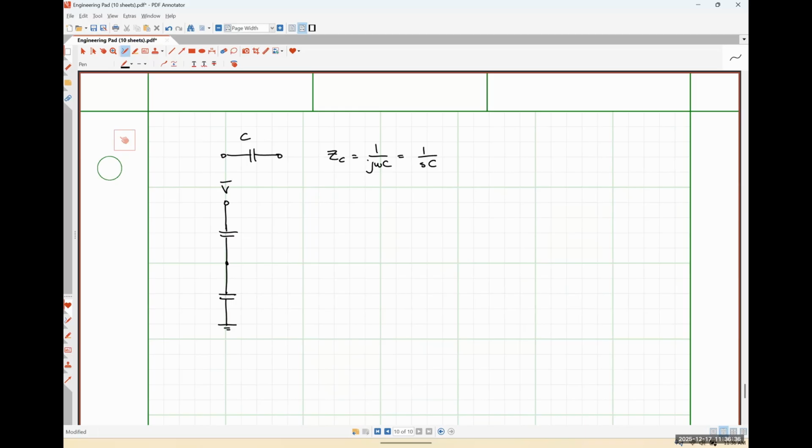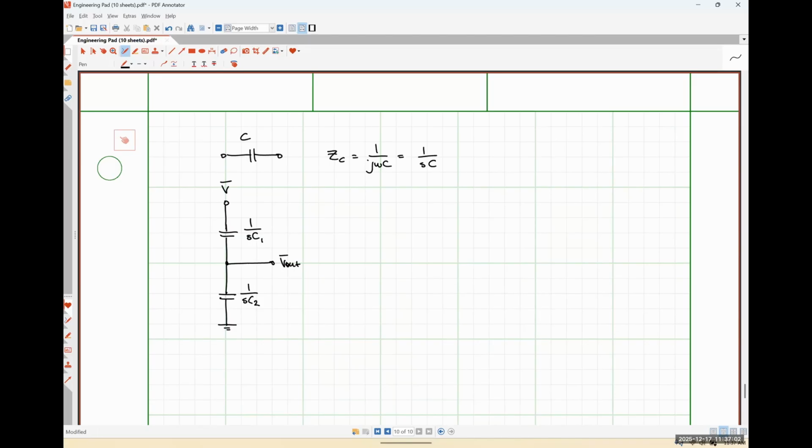So we're going to have this capacitance, which I'm going to say has an impedance of 1 over SC1. And this guy will have an impedance of 1 over SC2. This is our output voltage phasor.